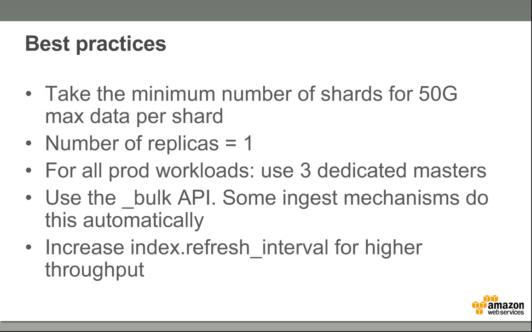We have a couple of different types of nodes within an Elasticsearch cluster. We talked about deploying the data itself to nodes. Those are called data nodes. Data nodes hold data, respond to reads and writes for the cluster, and provide the basic search capabilities. In addition to data nodes, we also have dedicated master nodes.